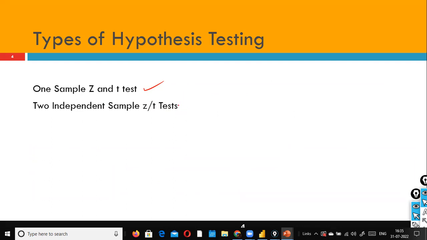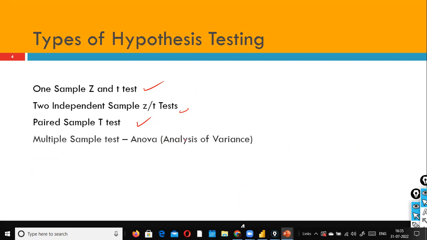The next one is the paired sample T test, where we use the same sample, so it is not independent. Next is the multiple sample test, called analysis of variance, and finally the non-parametric test called the chi-square test. We will see how much I can cover in today's session.